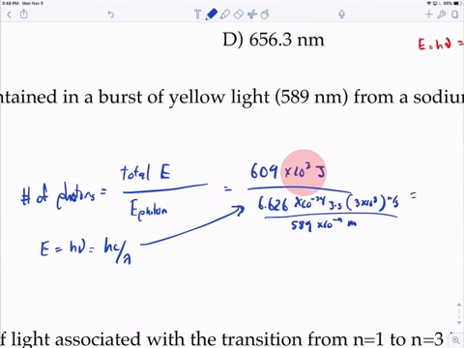Throw that in your handy dandy calculator. 609,000 times 589 e minus 9, divided by 6.626 e minus 34, divided by 3 e8.